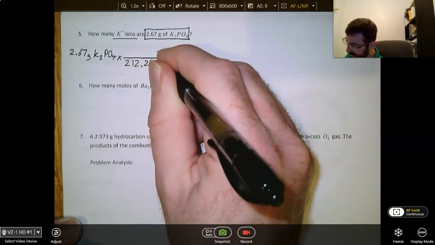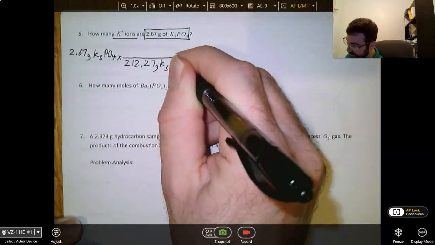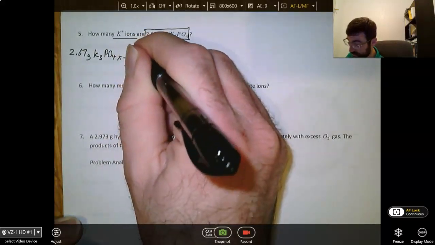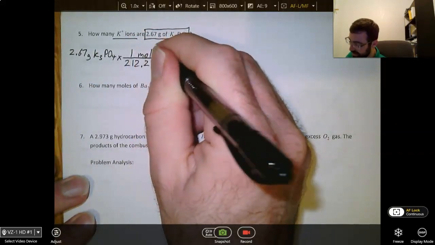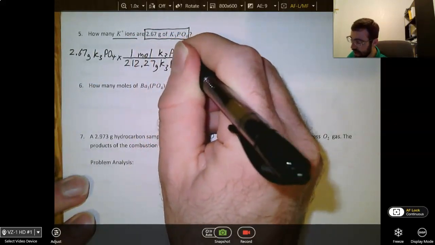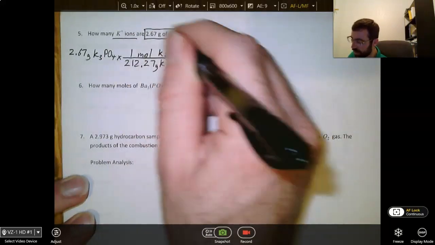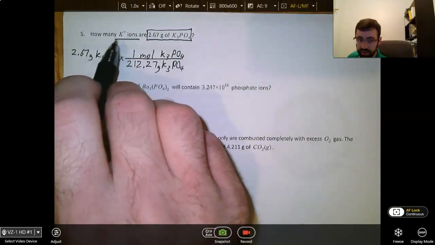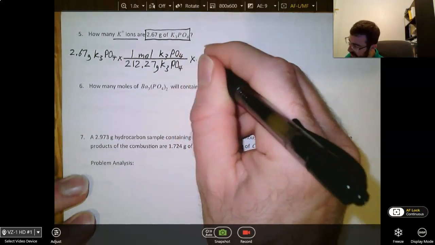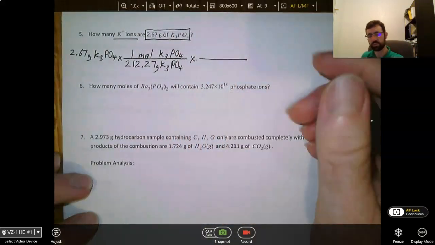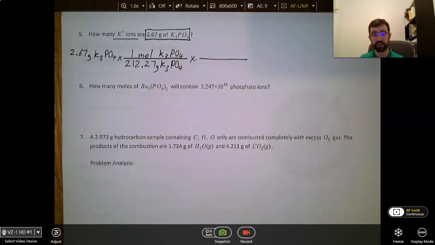Grams of K3PO4 over 1, and on the bottom I have 1 mole of K3PO4 on top. Now I have moles of K3PO4, but I'm wanting K plus. So let's switch the relationship between moles of K3PO4 to moles of K plus.